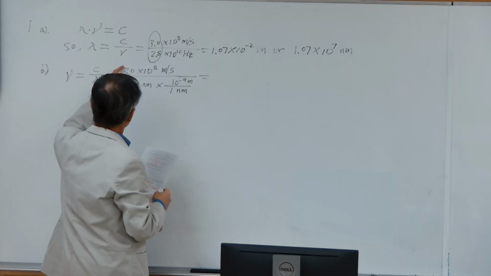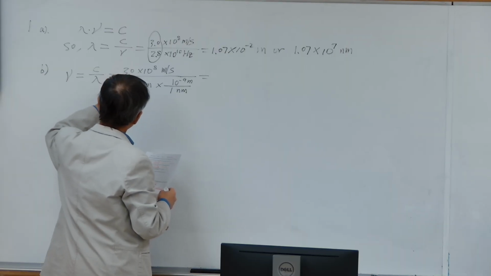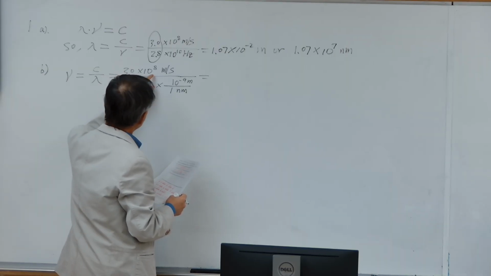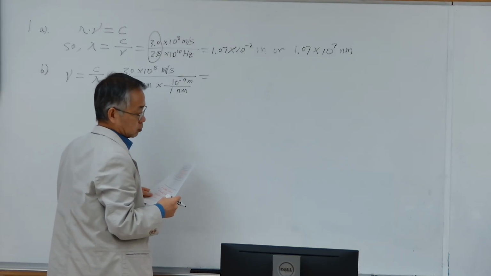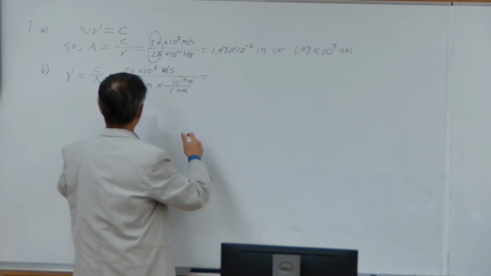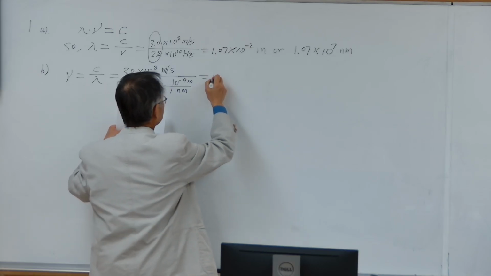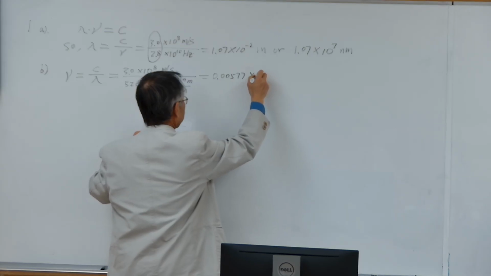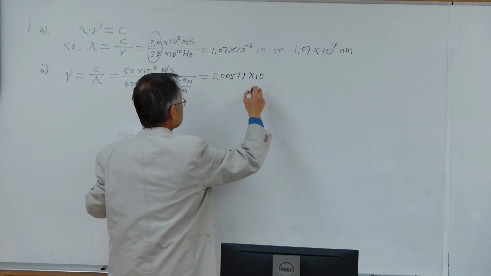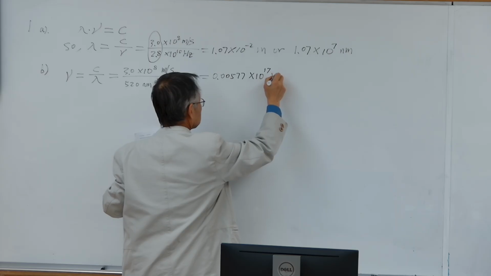So use calculator 3 divided by 520. And this exponent is 8 minus negative 9 is 17. Okay. So 3 divided by 520 is 0.00577. Exponent 8 minus negative 9 is 17.